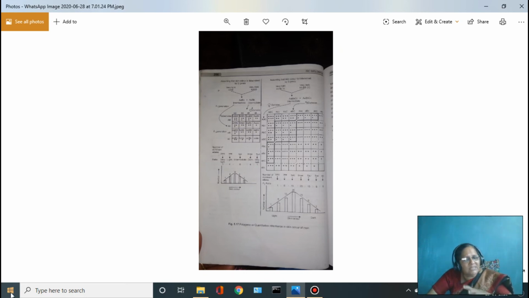Whereas when you move to the western countries, the skin is very light or fair, and the melanin content is very less because UV radiation is very less.